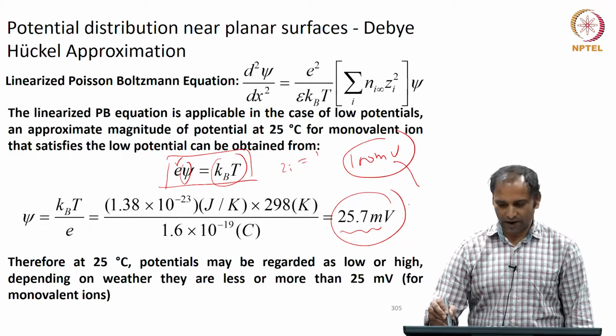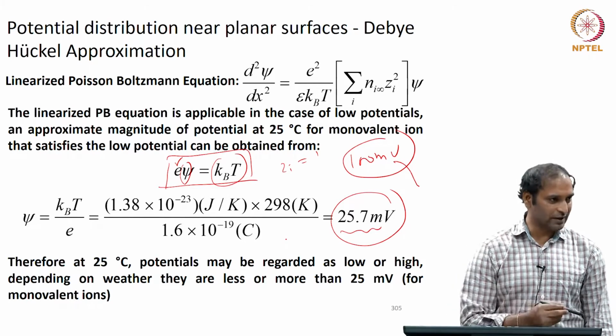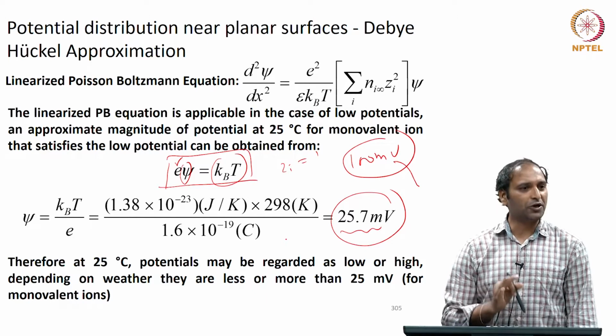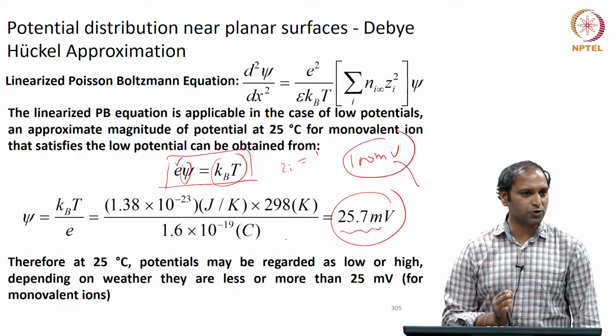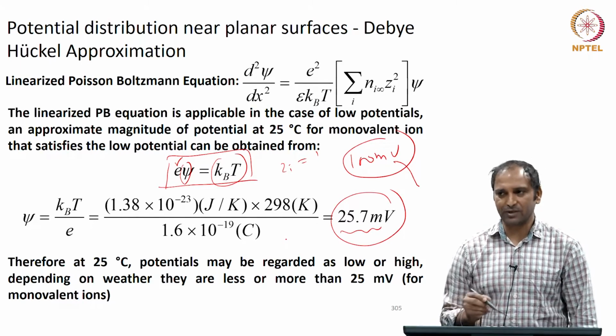Whereas if I have potentials of 20, 25 millivolts or even lower, you can take these to be low potential cases where I can use the linearized solution of the linearized Poisson-Boltzmann equation to understand the potential variation with separation distance.